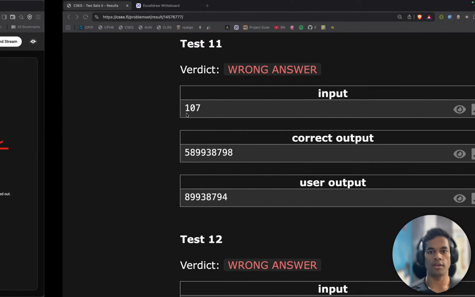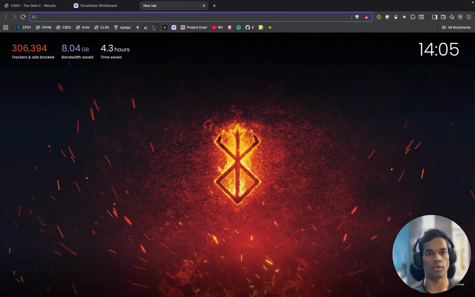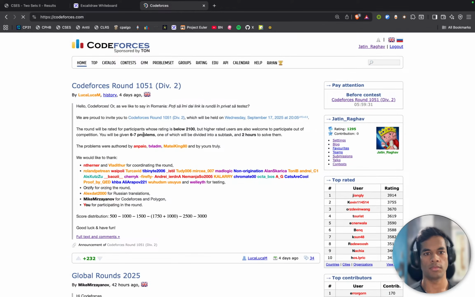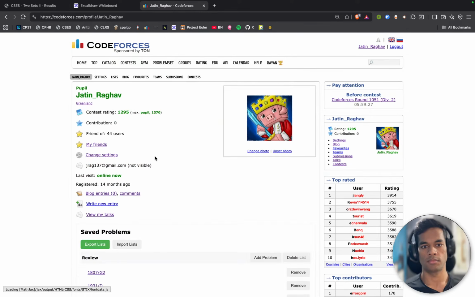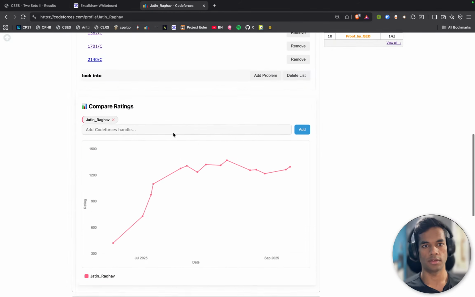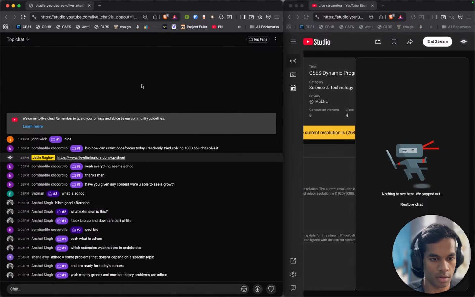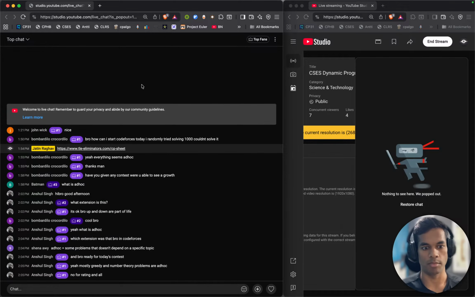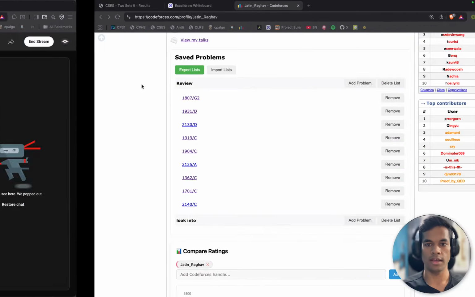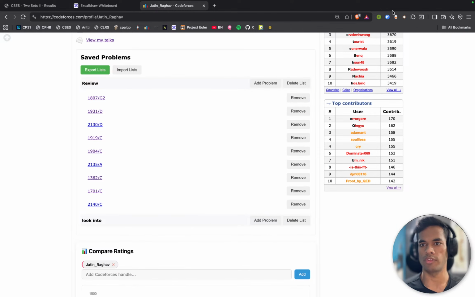In Codeforces, which extension is there for zooming in or what thing for this? Yep. Today most great number theory problems are ad hoc. Yep. Ad hoc. Some problems that don't depend on it. For rating, it is Codeforces Helper.